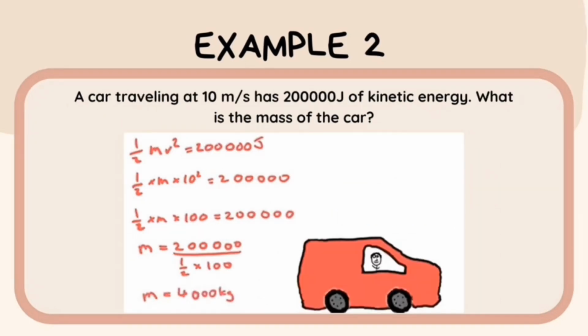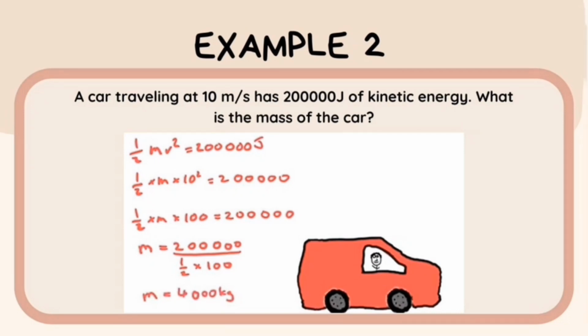So next is example 2. A car traveling at 10 meters per second has 200,000 joules of kinetic energy. What is the mass of the car? In this question, they ask us to find the mass of the car. The information given is 10 meters per second, which is velocity, and 200,000 joules, which is kinetic energy.